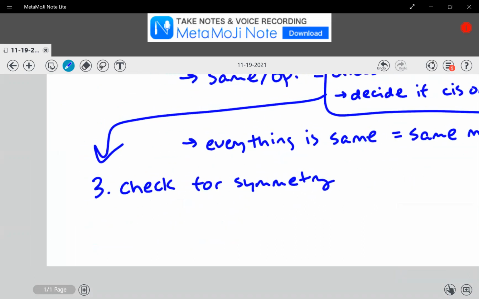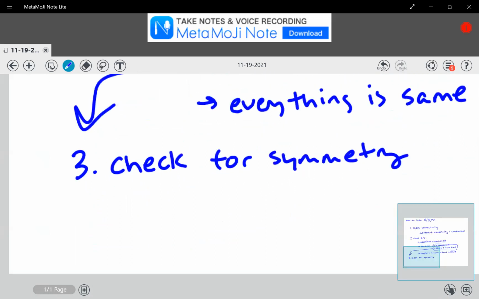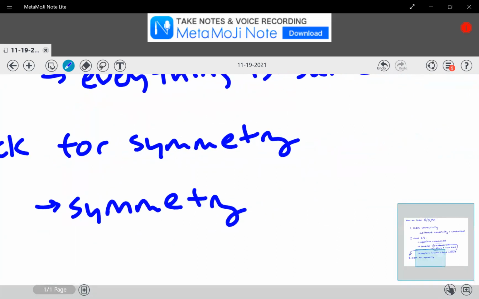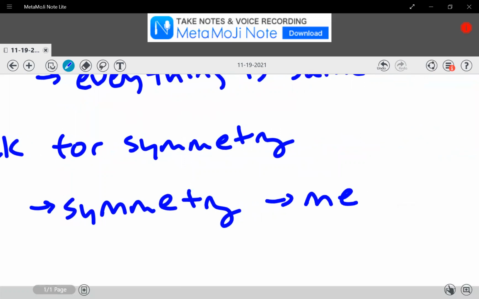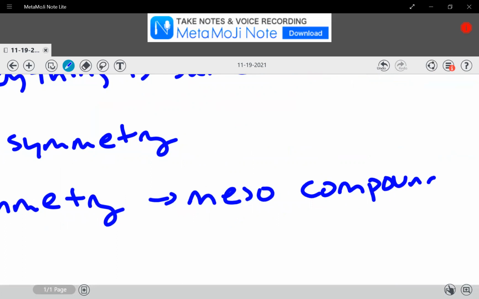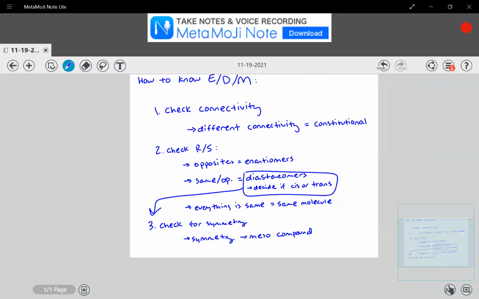Remember that this usually only happens when we have two or more chiral centers, same as diastereomers. But if there is symmetry, then we've got a meso compound. That's how we know we've got a meso compound.